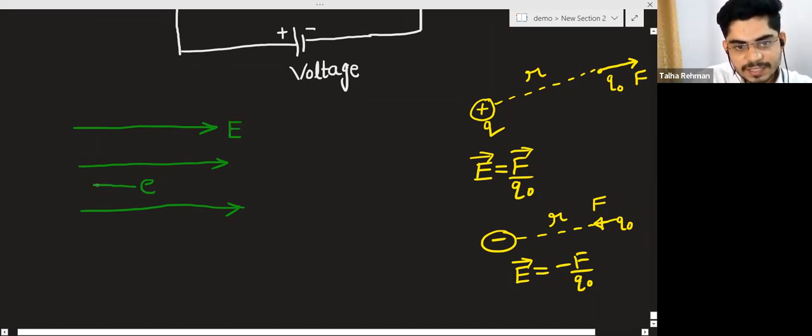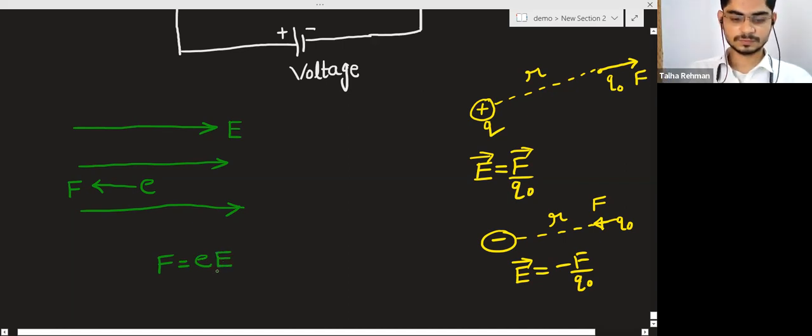So the force will act on the electron in this direction. And this force is equal to the charge on the electron into the electric field.